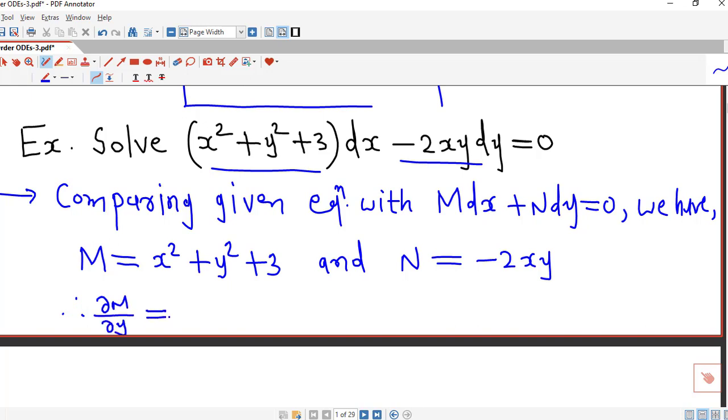Del M by del y, we consider x as constant, so derivative of x square is 0, derivative of y square is 2y, derivative of 3 is 0, and partial derivative of N with respect to x, so we consider y as constant, so minus 2y is constant, derivative of x is 1.